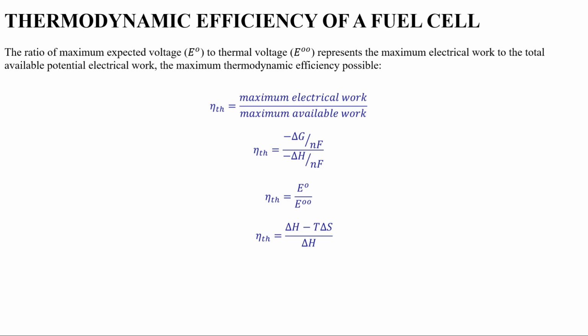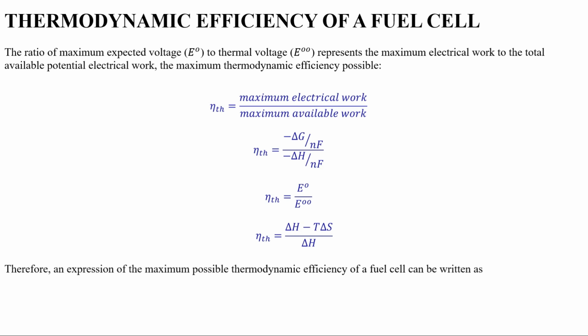So this will be the thermodynamic efficiency of a fuel cell, or we can write the expression of the maximum possible thermodynamic efficiency of a fuel cell as 1 minus T delta S over delta H. This will be the maximum thermodynamic efficiency of a fuel cell.